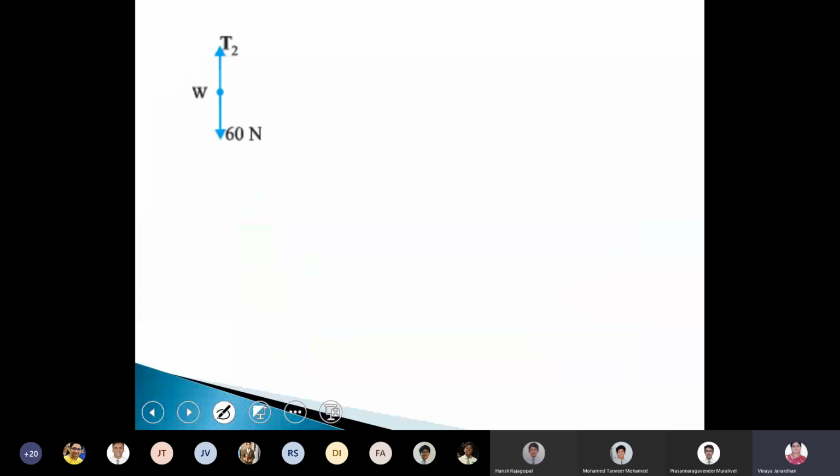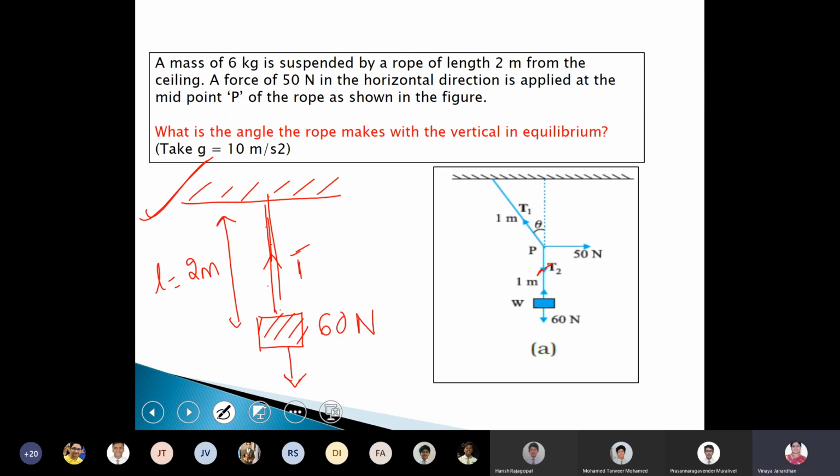Now we'll take only this part of the string, from point P to point W. The statement is equilibrium. Equilibrium means the point P is at rest. It is stationary. Neither is the point moving up nor moving down. The weight is stable.